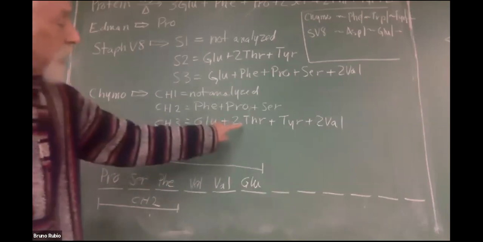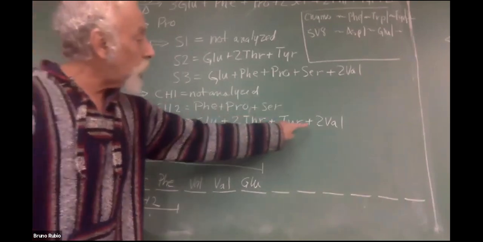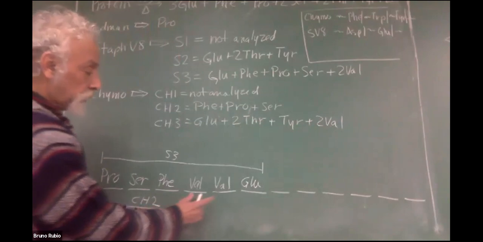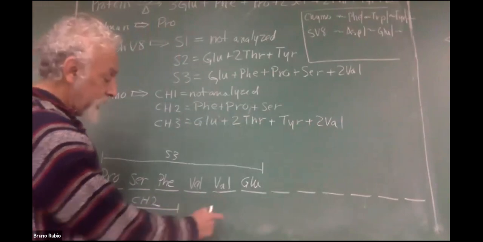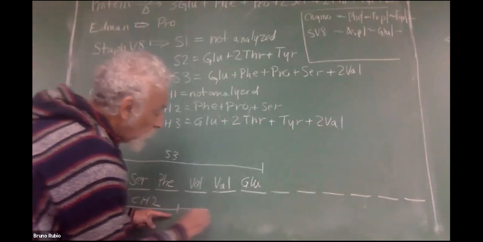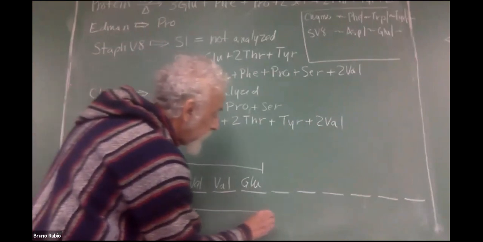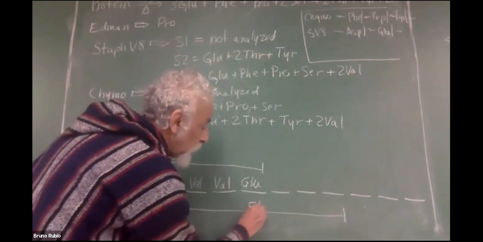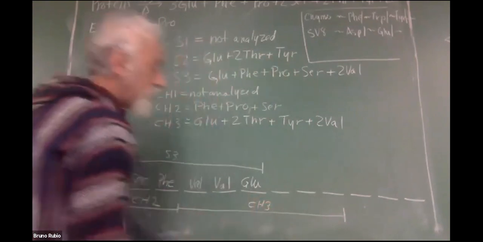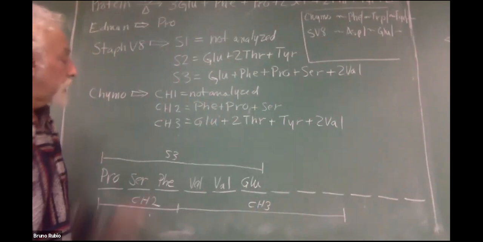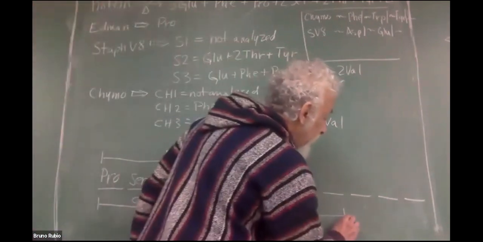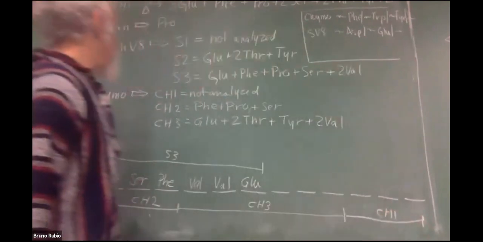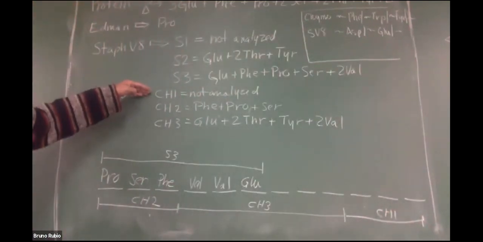CH3 is 6 amino acids long, so that's where CH3 must have been. And this is where CH1 has to be, which we don't have any information about yet.